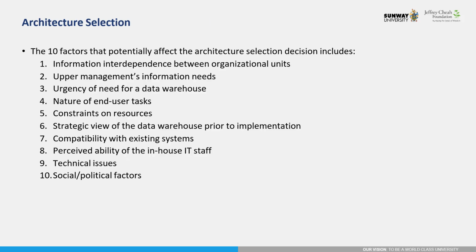So ten factors that we can say affect the selection decision include information interdependence between organization units, upper management information needs, urgency of need for the data warehouse, nature of end user tasks, constraints on resources, a strategic view of the data warehouse prior to implementation, compatibility with the existing system, reliability of the in-house IT staff, technical issues, and social and political factors.